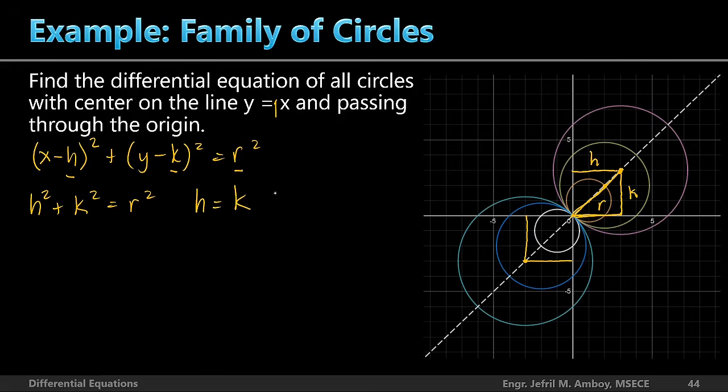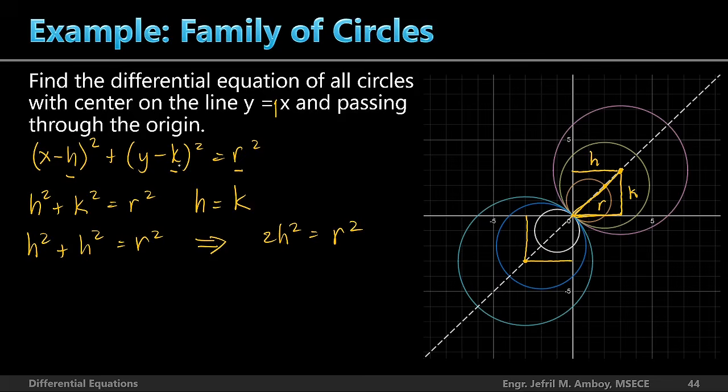Therefore, this equation will be h squared plus, let h be equal to k. So h squared na rin yan equals r squared. And from this, I can now have 2h squared equals r squared. Okay, so we now have a new equation. No? So we can now replace this r squared with 2h squared.